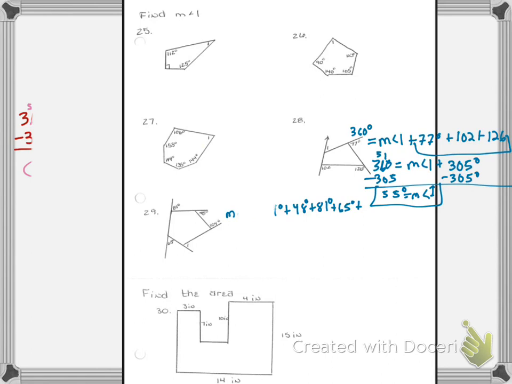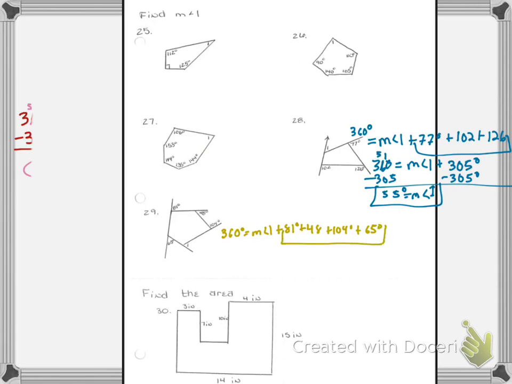Ooh. You saw the error of my ways too. So let's try this one more time. Okay. We know the sum of the exterior angles is 360 degrees, which is going to equal the measure of angle 1 plus 81 degrees plus 48 degrees plus 104 degrees plus 65 degrees. There we go. That's better.